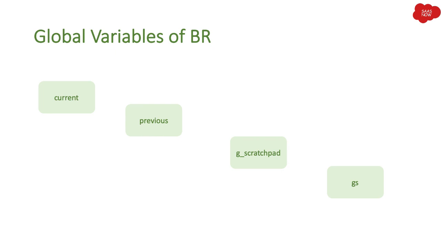And then we have g_scratchpad. If you remember, we already talked about this in display business rule. If you want to fetch some field value from the database, from the server end, on the client, in that case you can use g_scratchpad. And then you have gs. Now gs has a lot of methods which you can utilize. That I will show you in my practical session.